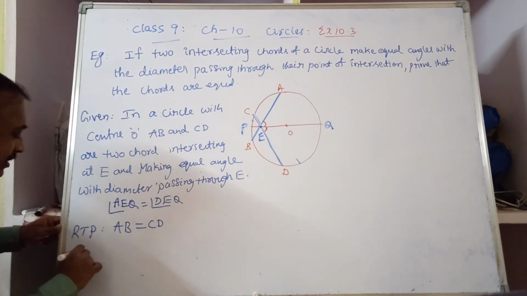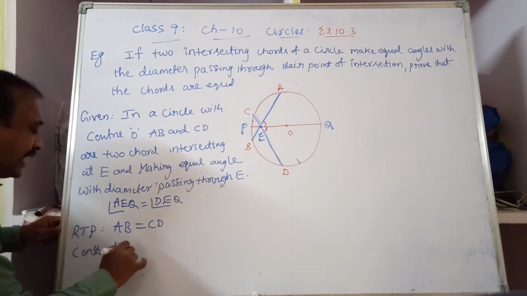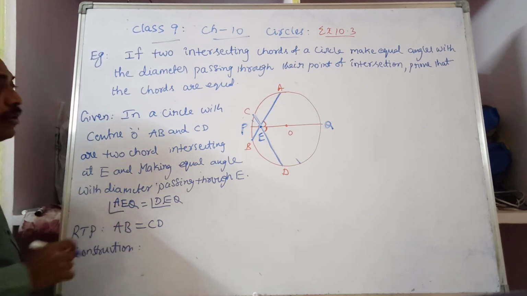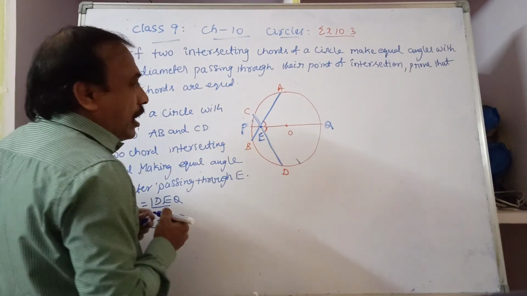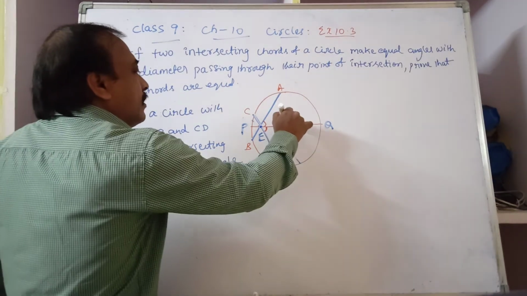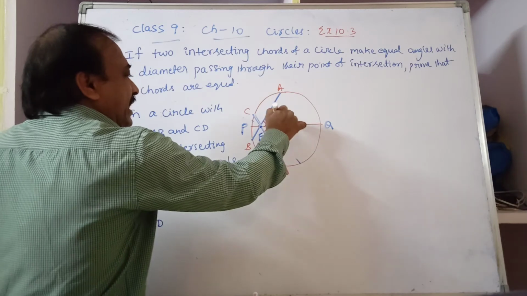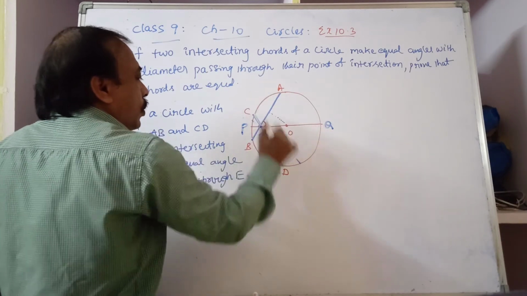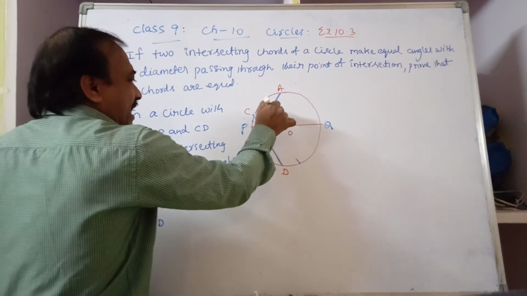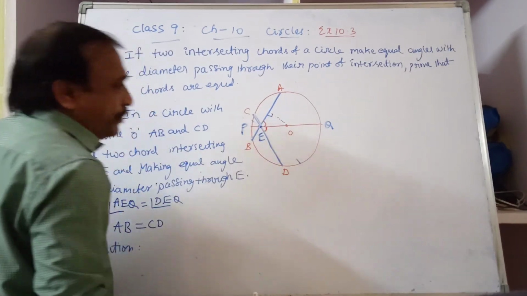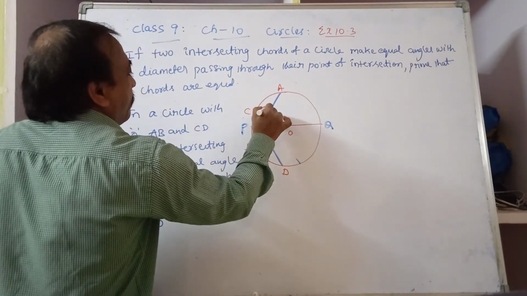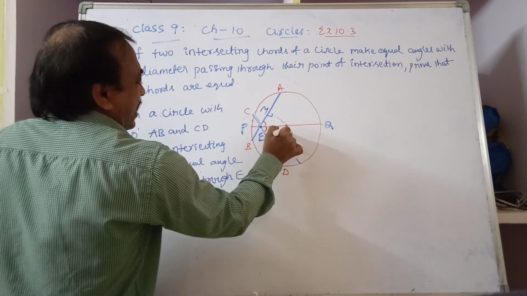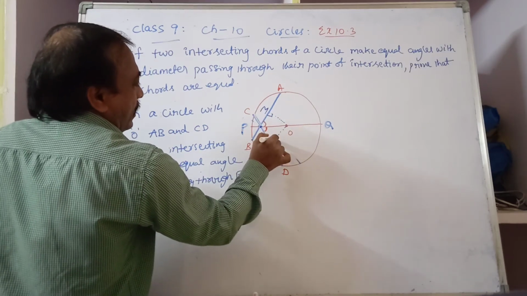To prove that, some construction is required. What is the construction? Draw perpendiculars from O. From O you construct a perpendicular OM to AB, and from O you construct a perpendicular ON to CD.